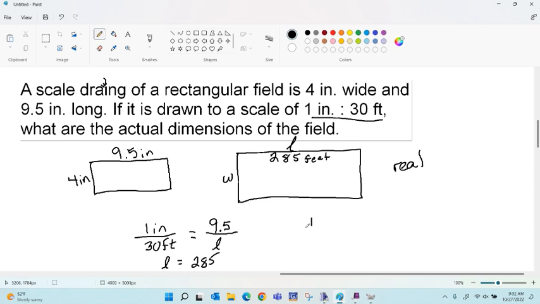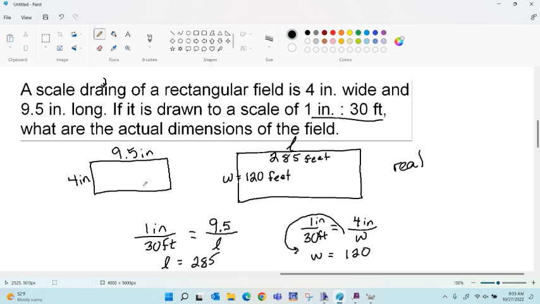So 1 over 30 equals 4 inches over W. So once again, 1 times W is W. 30 times 4 is, that one's easier, 120. So our width is 120, what? Feet, because this is the real part.